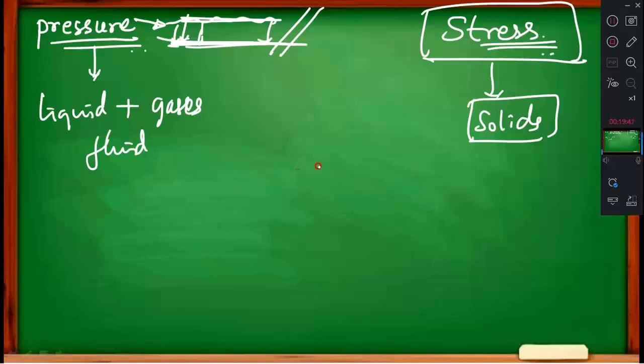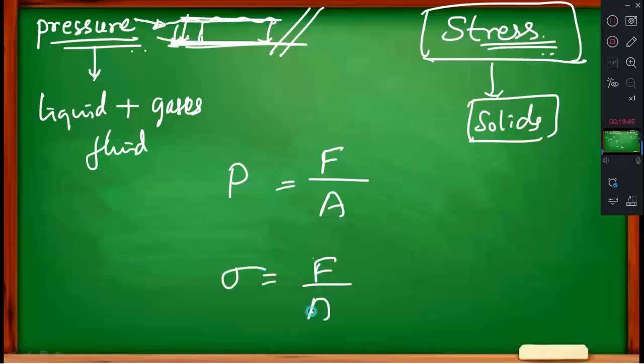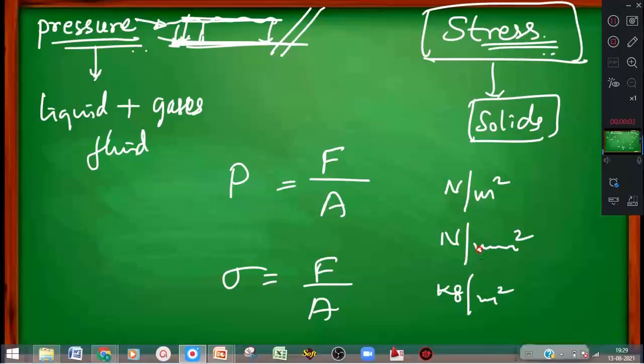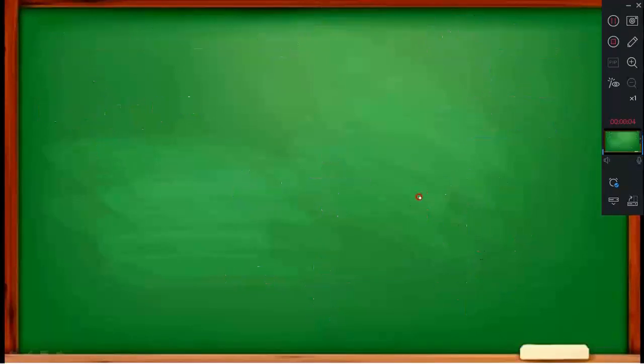Now the definition is the same: force divided by area, which you can call pressure or stress. What might be the unit? Newton per meter square, Newton per mm square, whichever you feel comfortable with. But we should know the unit conversions.